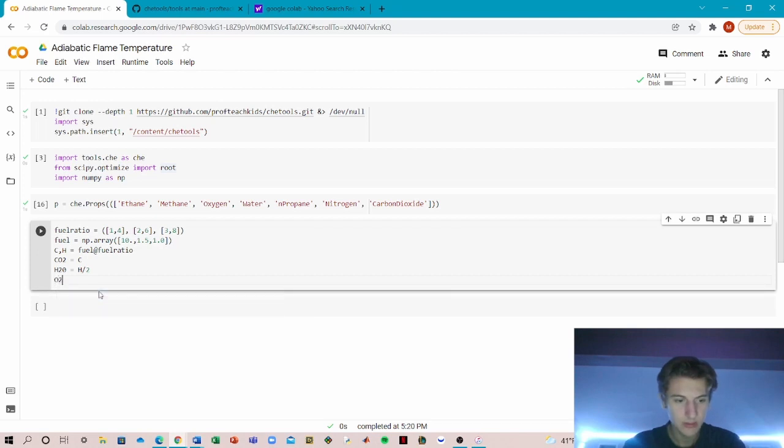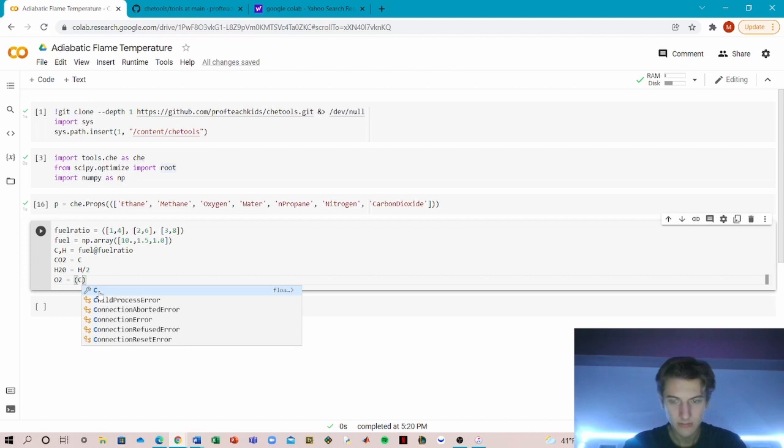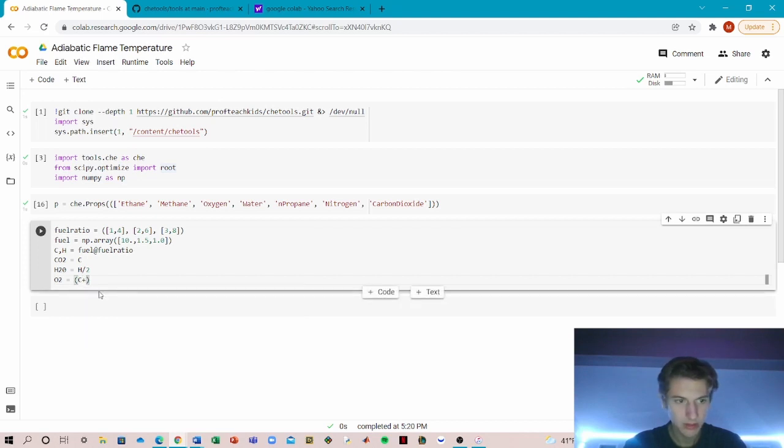Nope, that's not O. O2 equals C plus H2O, no, divided by 2. There we go.